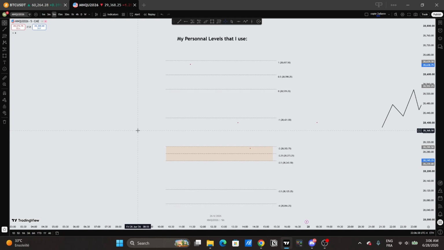One of the functions of this zone is that it gives perfect exits. It marks out a very strong reaction zone where we can expect price to reverse or to give a strong reaction.